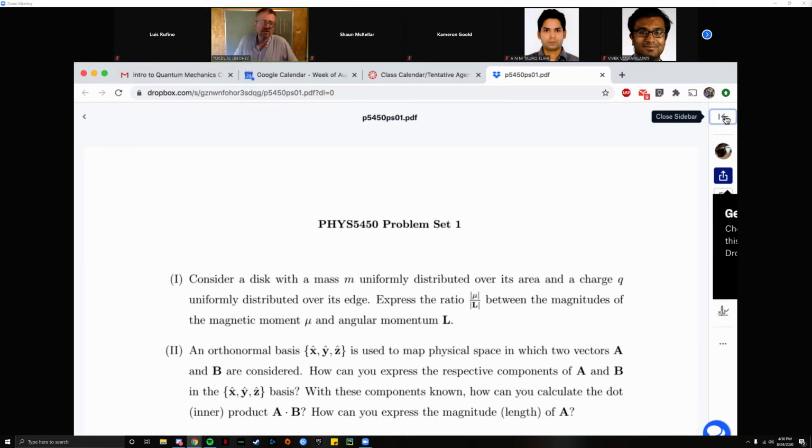So here, that's the same question, except that we are asked to consider a disk of uniformly distributed mass m, with a charge q that is uniformly distributed over the edge of the disk. You are asked to calculate the ratio between the magnitudes of the magnetic moment mu and angular momentum L.